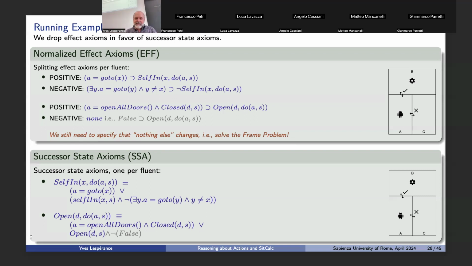Notice that this implies that if I do open all doors, self-in doesn't change.